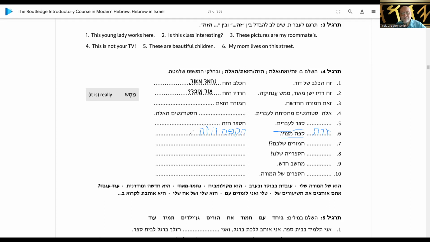So it's like this coffee. No, I don't think that's correct either. I don't think I'm on the right track here. Let me see here. I think it is going to use Zot though in number 6.